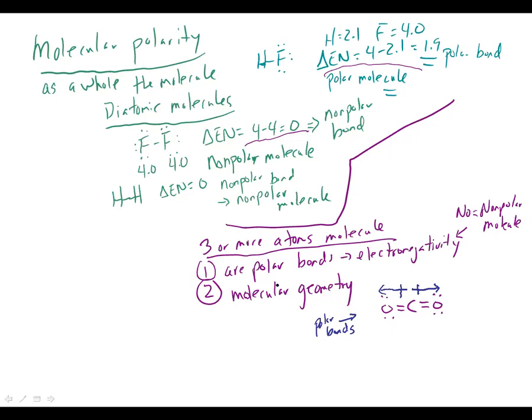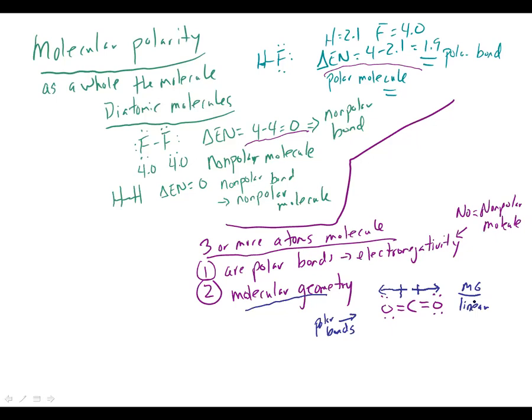But we do have to look at this second part, which is molecular geometry. If we look at the molecular geometry of CO2, we have one electron pair and two electron pairs. We also have one bond and two bonds, which means the molecular geometry in this case is linear, and it's basically 180 degrees apart.